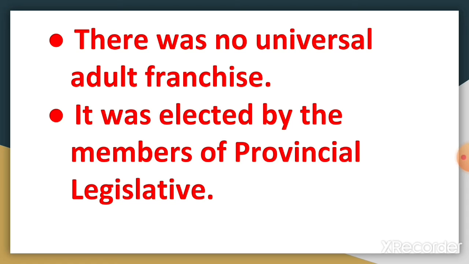Yes, but it was elected mainly by the members of the existing provincial legislatures. This ensured a fair geographical share of its members from all the regions of the country.